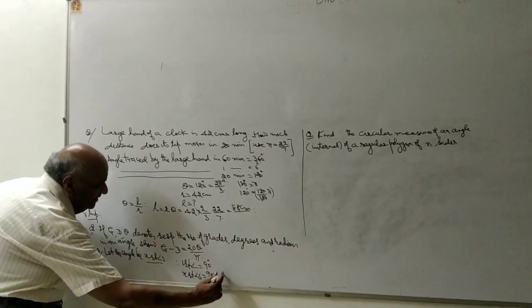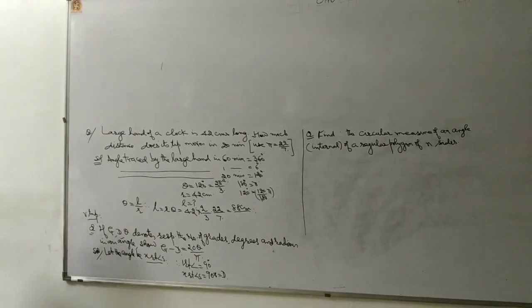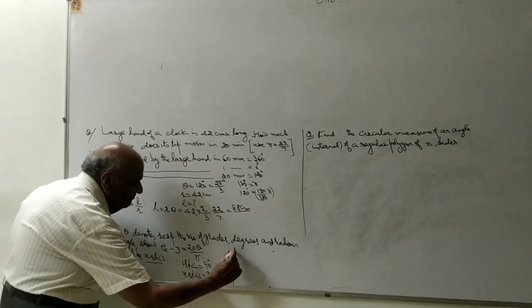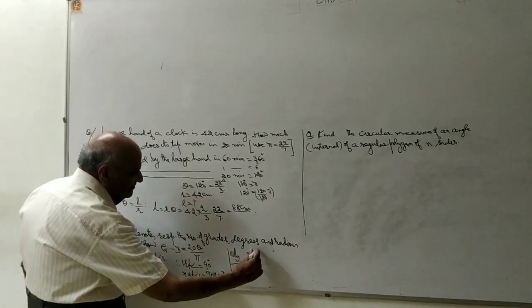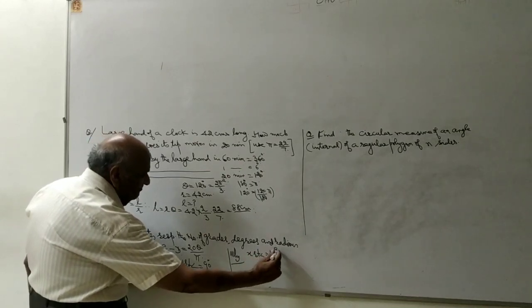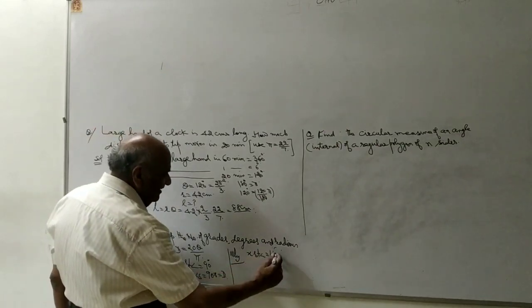This is equal to D, x right angles in terms of degrees. Similarly, x right angles is equal to 100 grades, so 100x. X right angles is 100x. This is G.